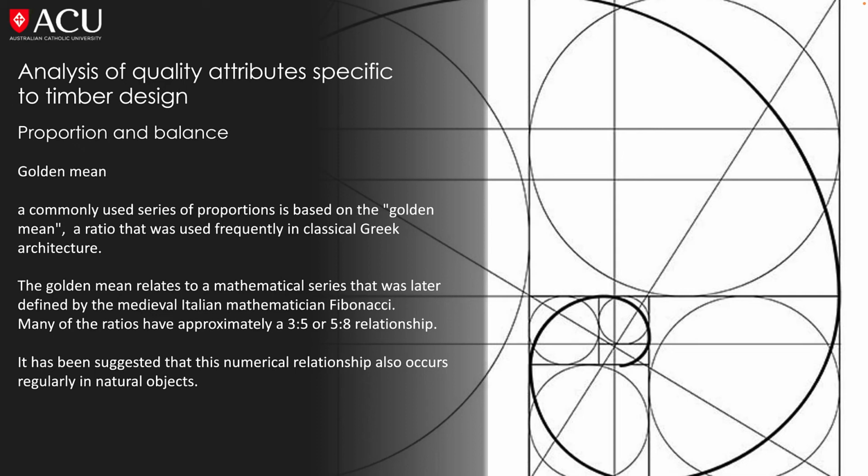Many of the ratios have approximately a 3:5 or a 5:8 relationship. It has been suggested that this numerical relationship also occurs regularly in natural objects. It does in some cases, not in all, but it's not a rule. Somehow by using these ratios, you can find that the proportions of projects can be pleasing to the eye.